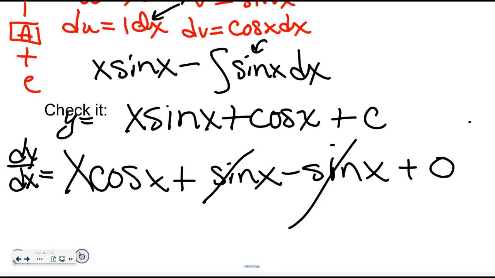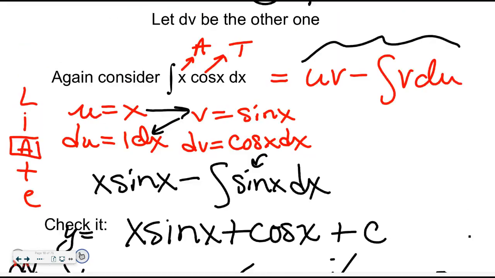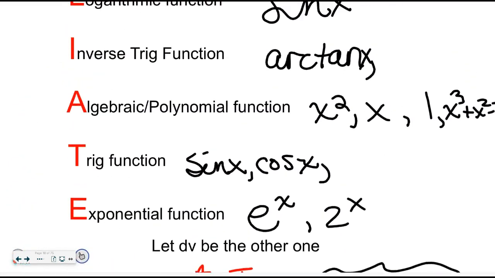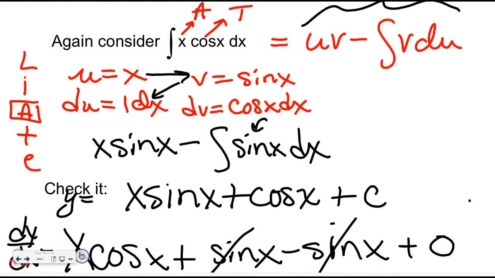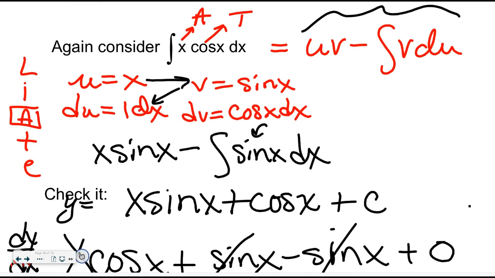Now I want to talk to you about that u choice. It's really not about who's u. It's about who's easiest to find the antiderivative of. Really, the by parts kicker, and a lot of people don't teach it with that LIATE model. They'll say, what's easier to integrate?